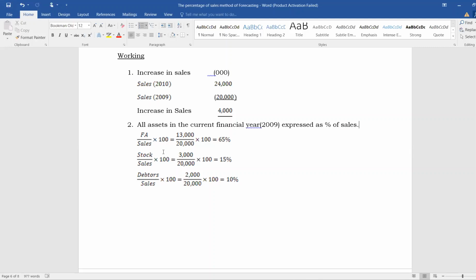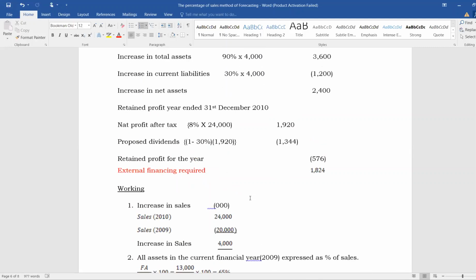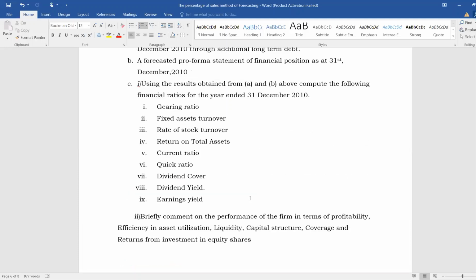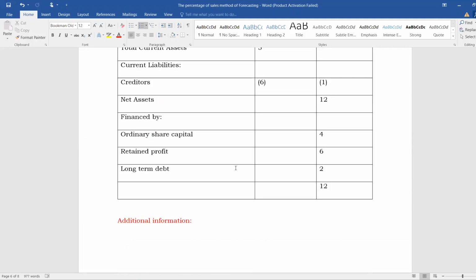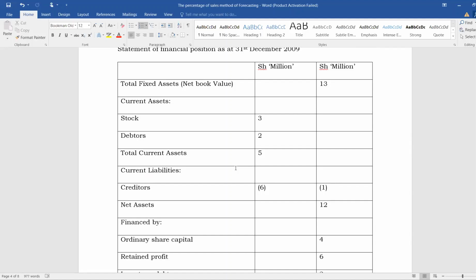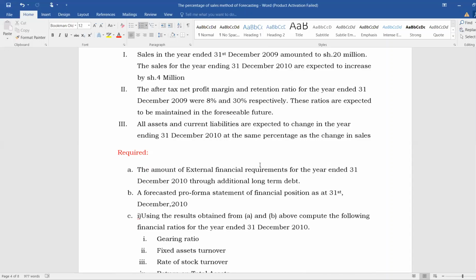Now looking at this question, fixed assets were not broken down. Right? What you're given is the total fixed assets. So we'll take the total fixed assets over sales. Otherwise, if you have individual assets, please express each non-current asset as a percentage of sales.